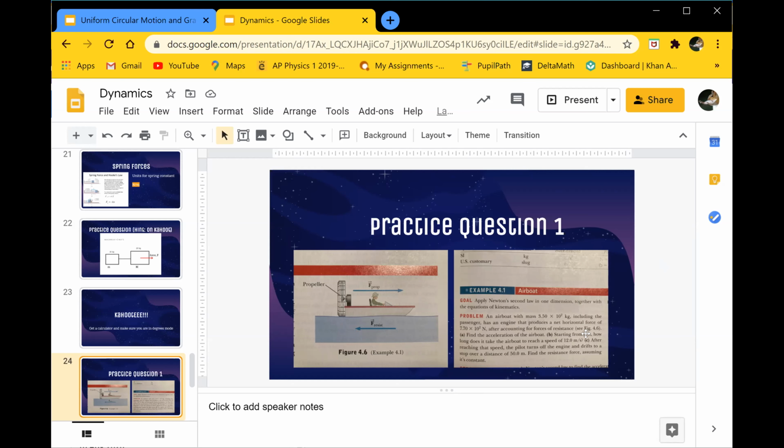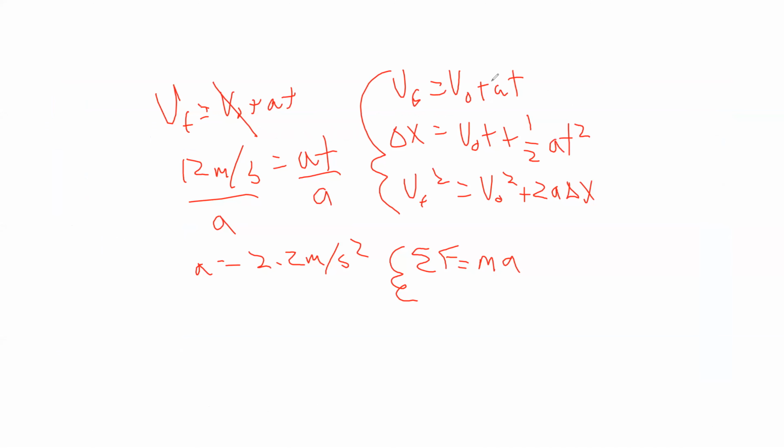If we use kinematics, which kinematic equation should we use first? Let's go back to the whiteboard. Which equation do you think we should use to solve for acceleration? This is 1, 2, and 3. I'll just write on the side.